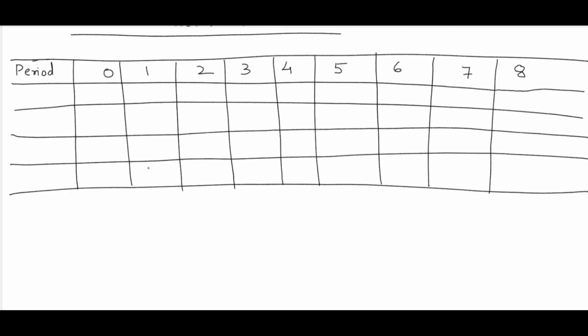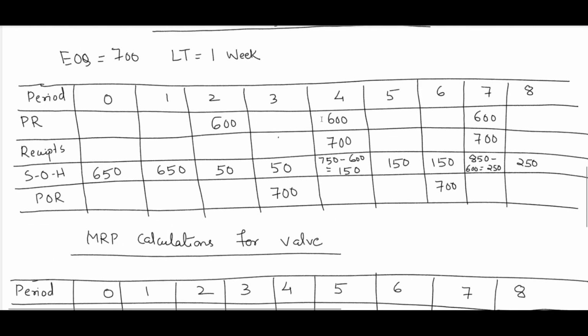First is the projected requirement, which I am writing as PR, then receipts, stock on hand, planned order release.